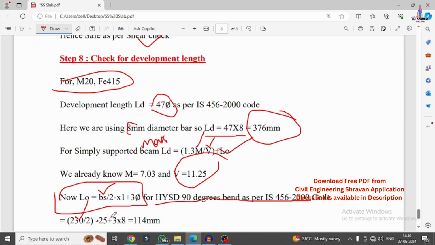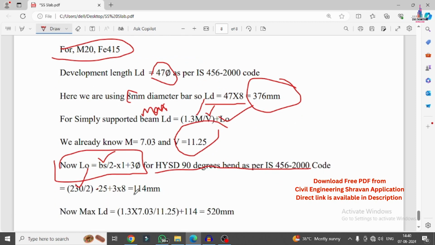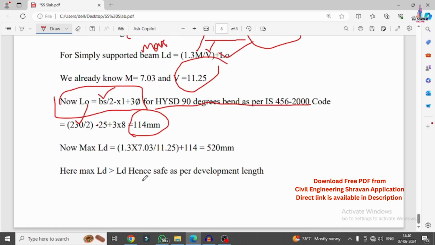So it equals 230 mm divided by 2 minus 25 mm, the x1 value, plus 3 into 8 mm diameter bar, which is approximately 114 mm. Now we calculate the maximum Ld value: 1.3 into 7.03 divided by 11.25 plus 0.114, which comes to approximately 520 mm. So the maximum Ld value is 520.